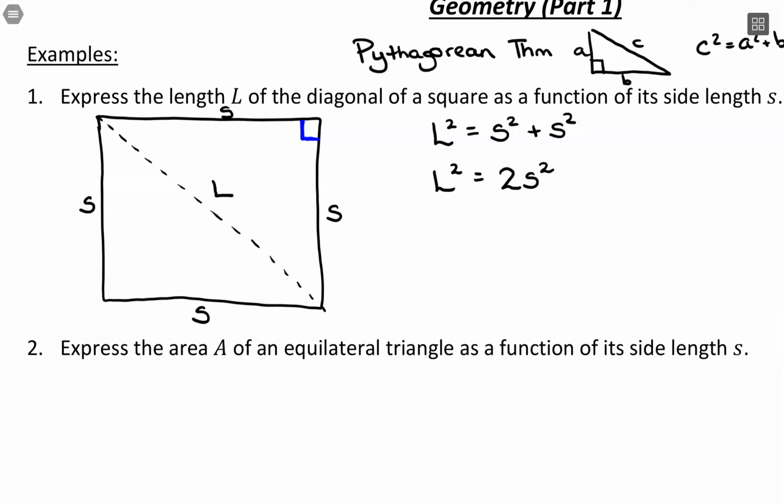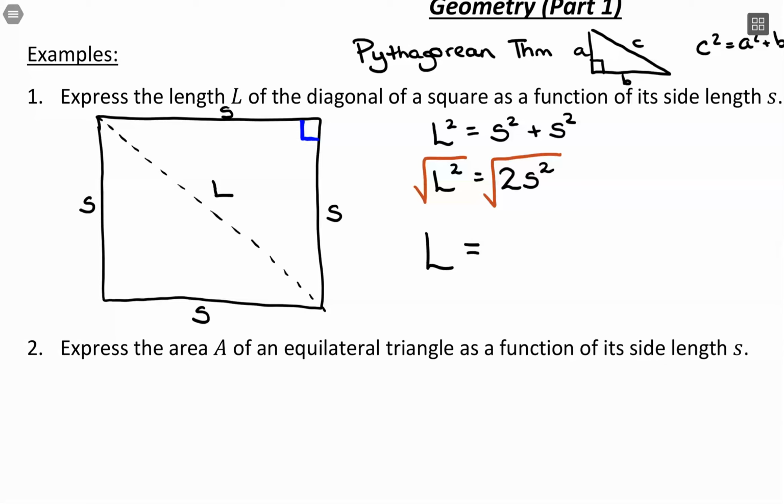Then we'll take the square root of both sides so that we solve for L. The square root of a square just gives us that variable, so we'll have L equals. When we take the square root of both sides, we typically have plus or minus, but with word problems, the negative usually doesn't make sense.